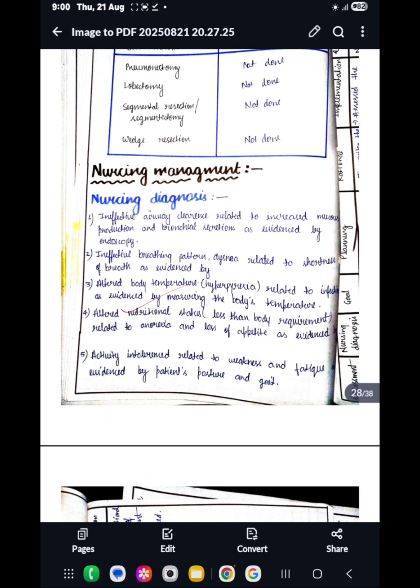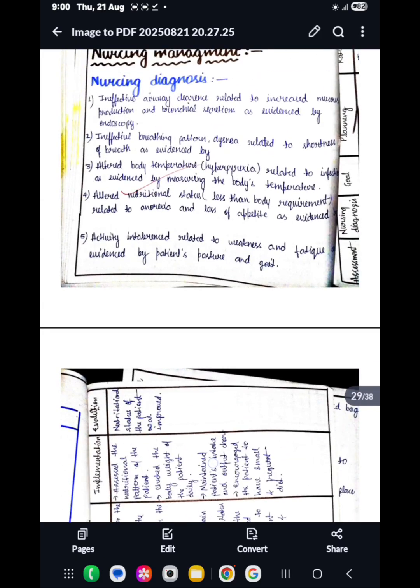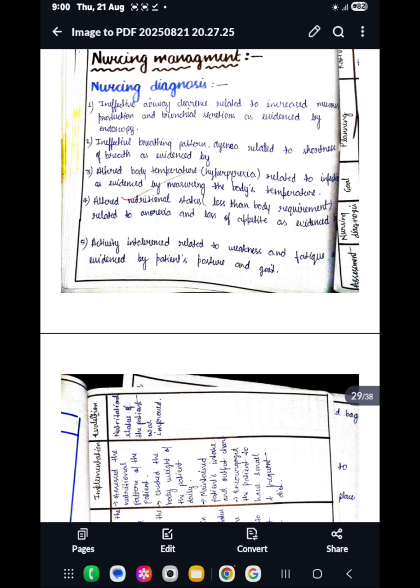In the last, we write the nursing management. In nursing management, we must write at least five nursing diagnoses. Then I have written the diagnosis of ineffective airway clearance, because it's related to our lungs.